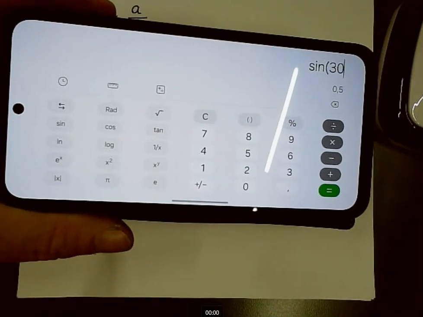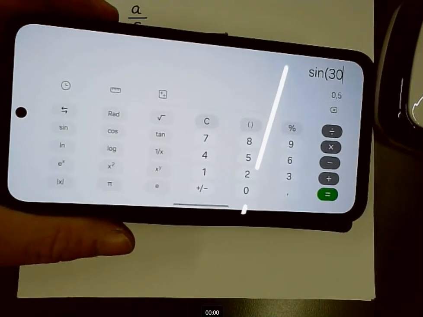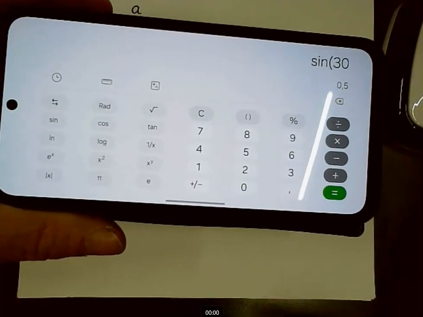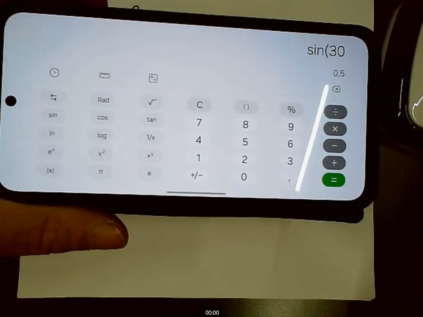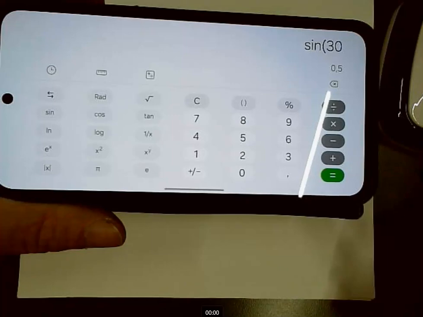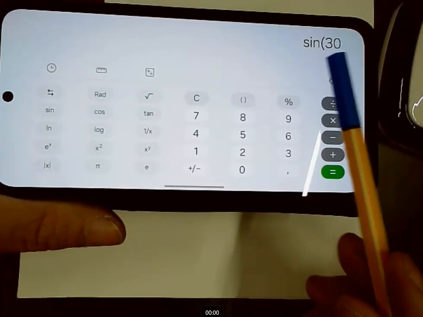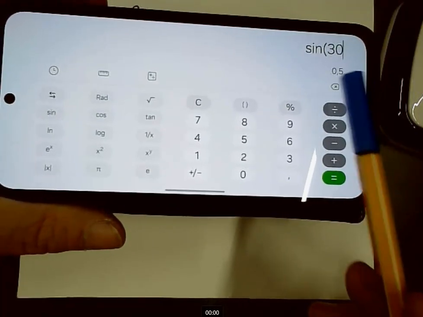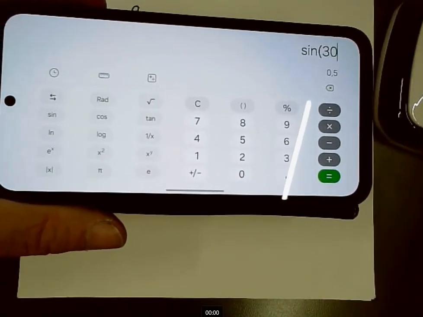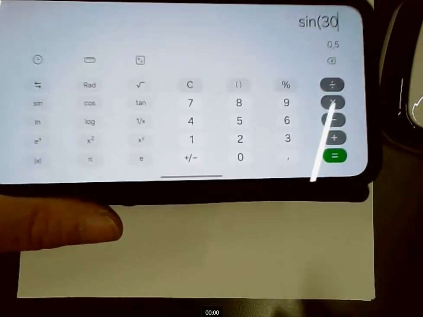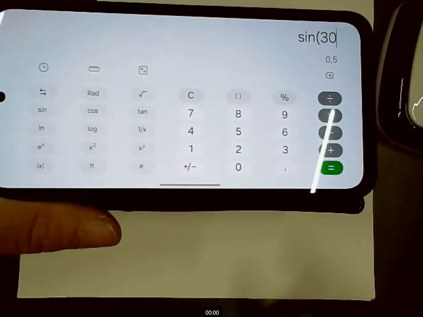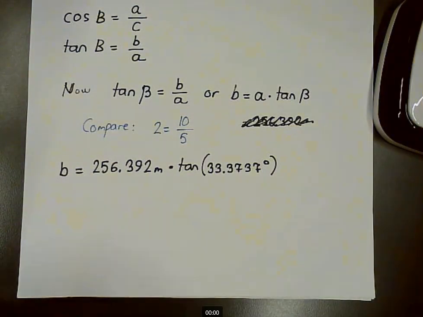So I would suggest that if you use your phone calculator or calculator in your mobile phone, check this sine 30. It should be 1/2 if you want to calculate in degrees, as you mostly want. Or it depends on the case.